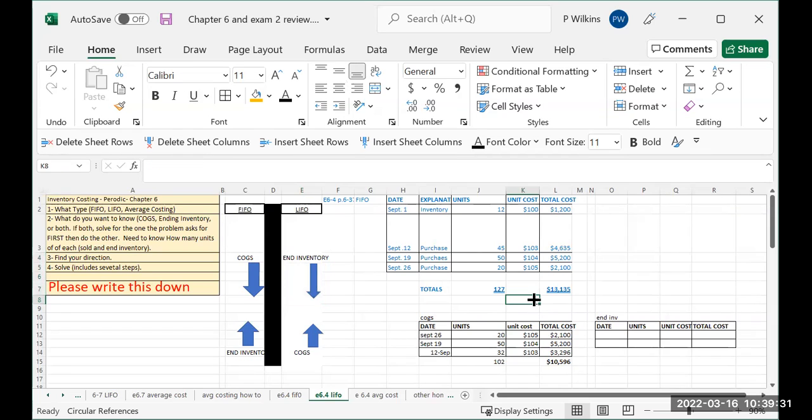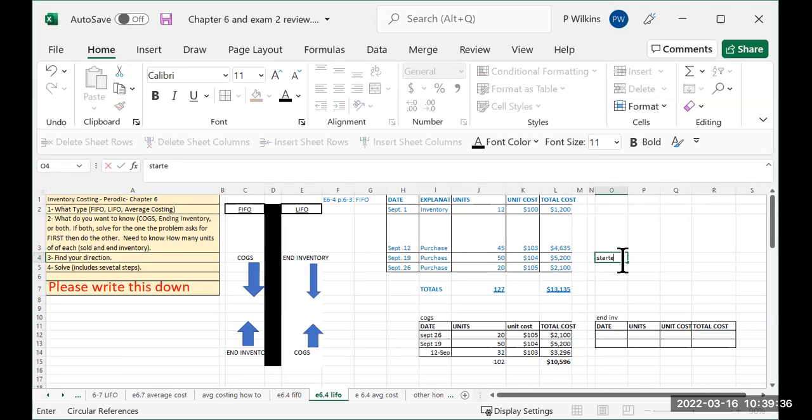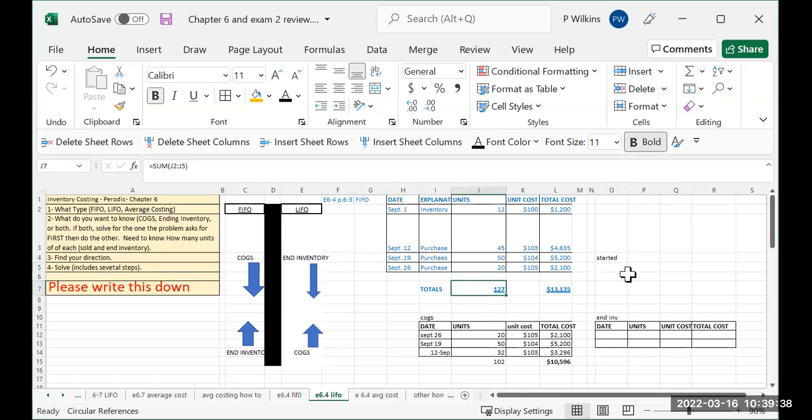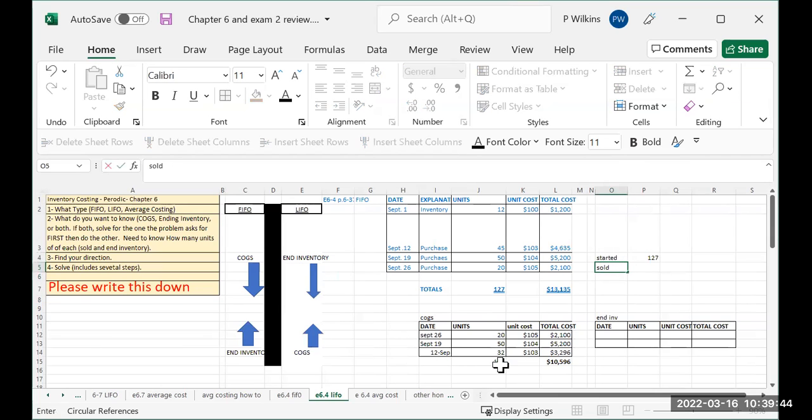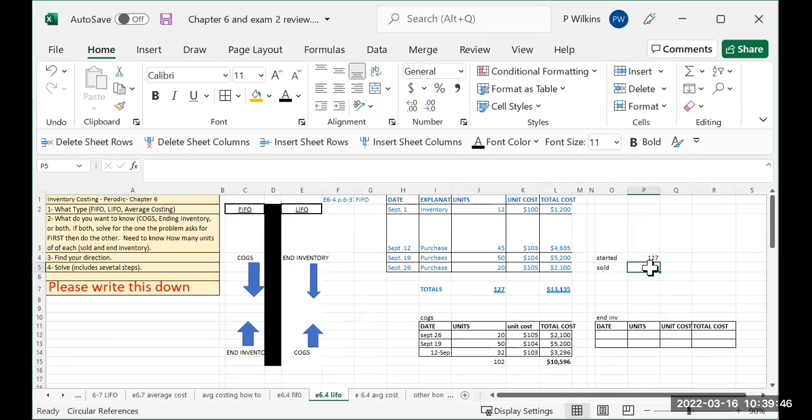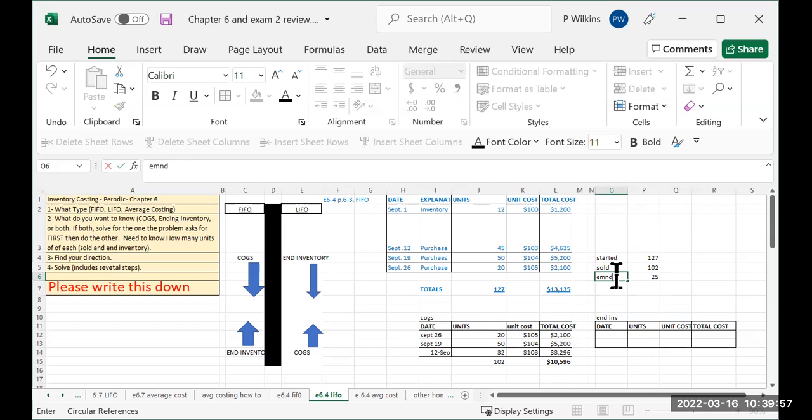So how do I know what my ending inventory is? Well, I started the month with 127 units total. I sold 102. So if I started with 127 and I sold 102, that means my ending inventory is 25.